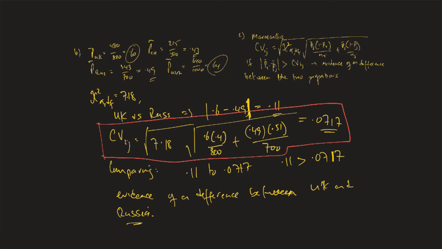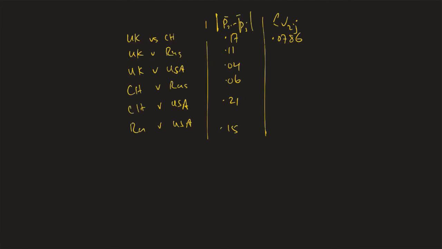There's 6 in all, so I'm just giving you the summary of the values: 0.0717, then 0.0644, 0.0814, 0.0750, and then 0.0678.